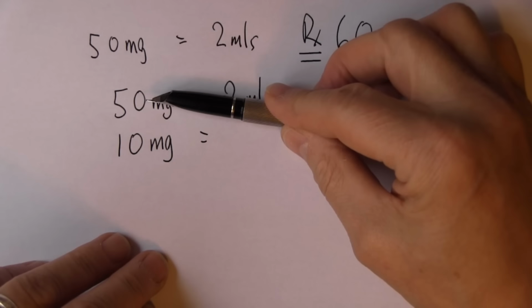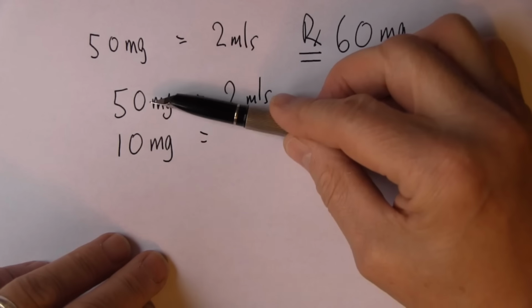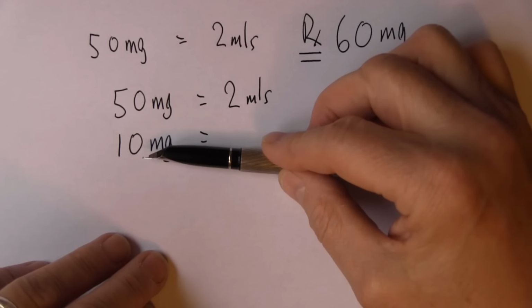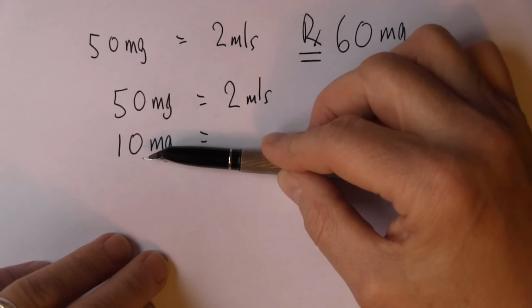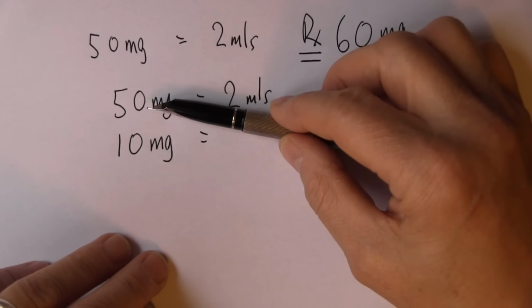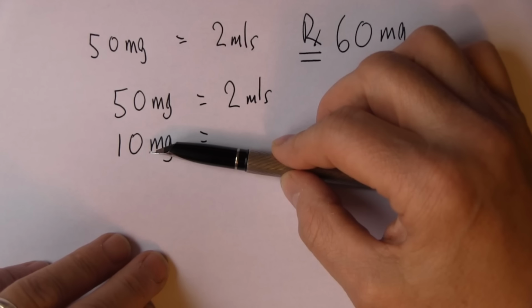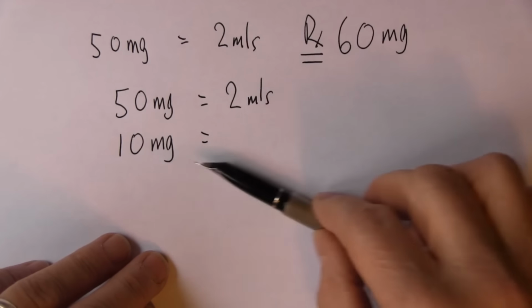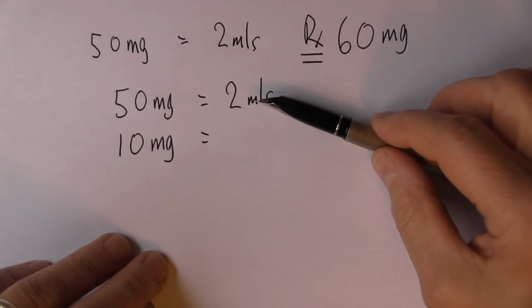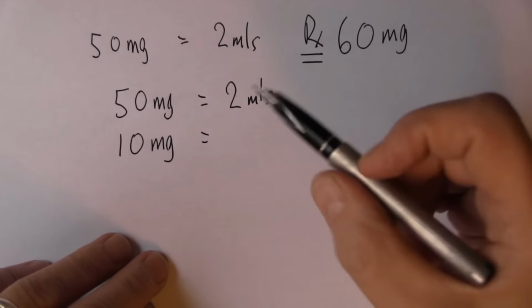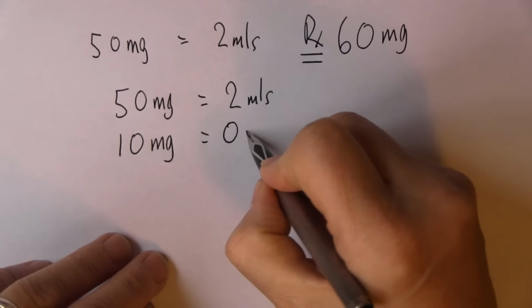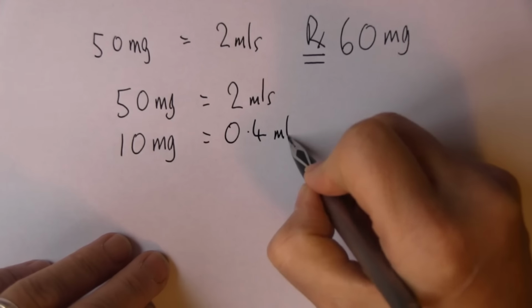Now to get 50 into 10, can you see I've divided it by 5? So a fifth of 50 is 10. Therefore, to get the equivalent, I need to divide 2 by 5 as well. And if you divide 2 by 5, you get 0.4 mils.